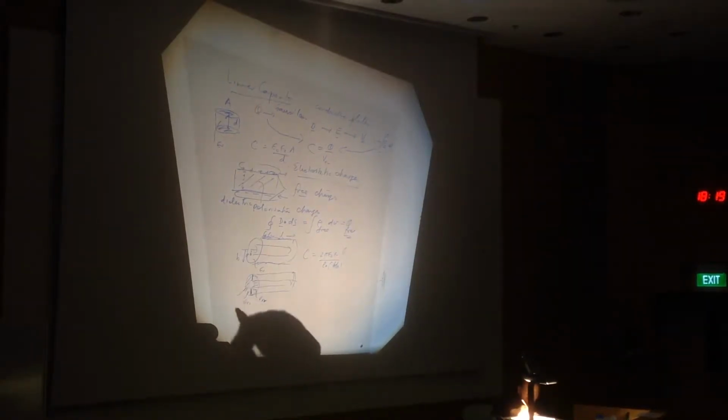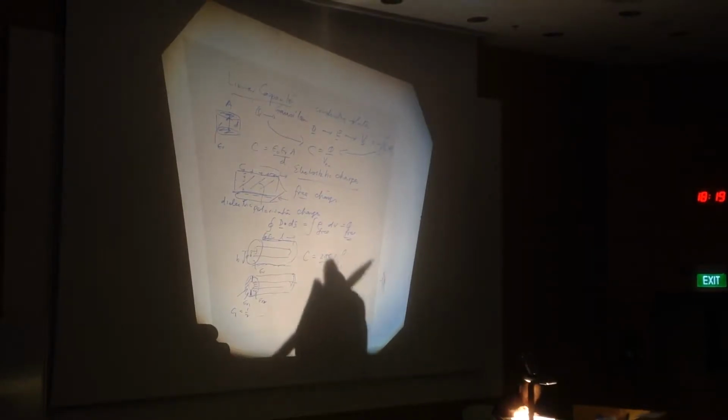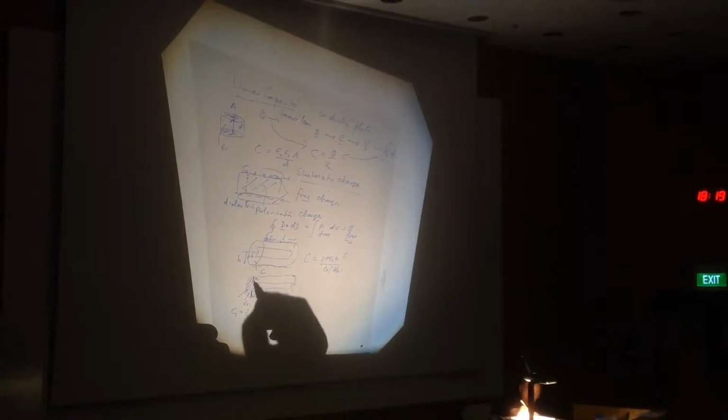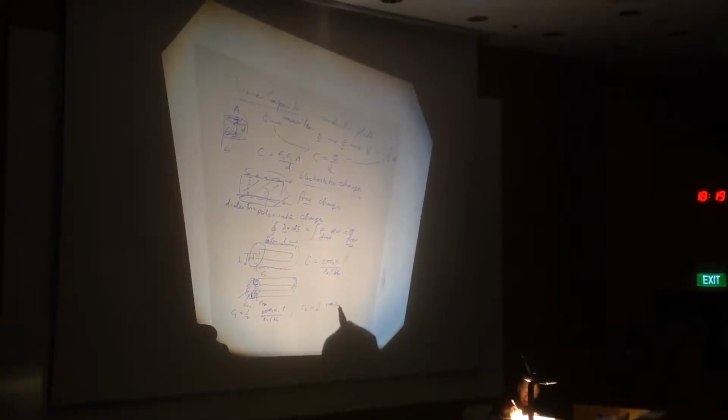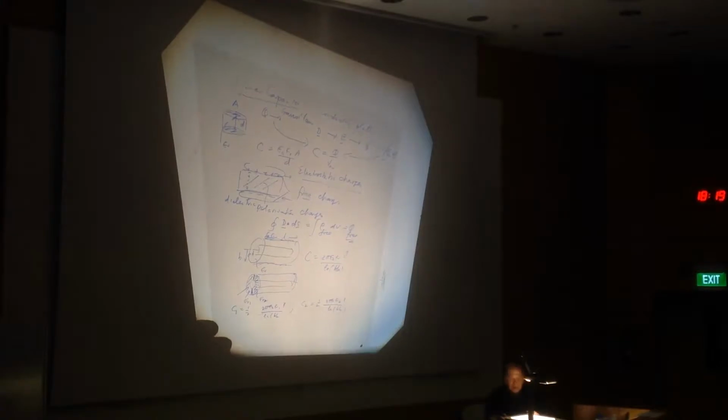You effectively have a capacitor C1, which is half of that result, 2 pi epsilon naught epsilon R1 L over ln, and C2, the other one, half of 2 pi epsilon naught epsilon R2 L over ln.